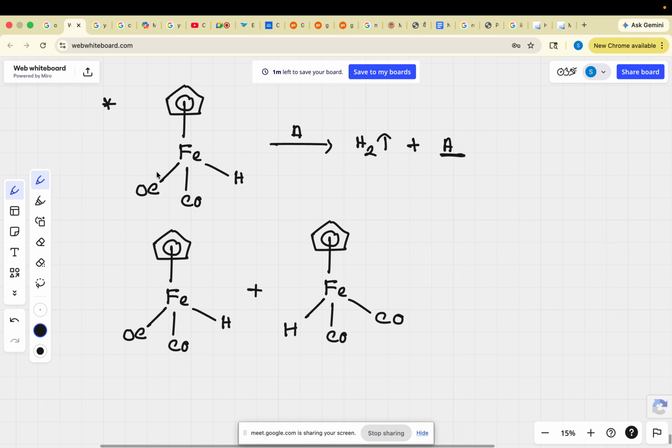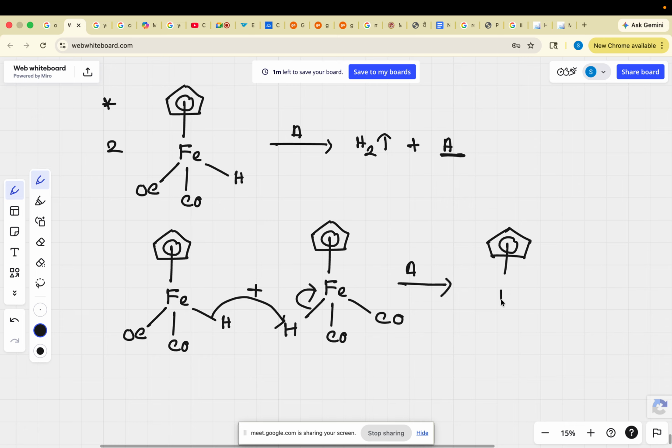Suppose you have 2 moles of this, that time you can do it easily in presence of heating. What will happen? H minus, suppose it is abstracting this proton. So this bond will break. Here you are getting iron plus and here you will get iron minus. So metal-metal bond formation will be there.